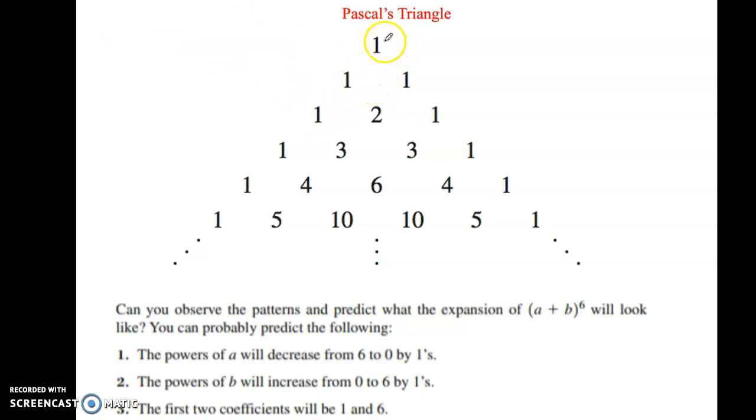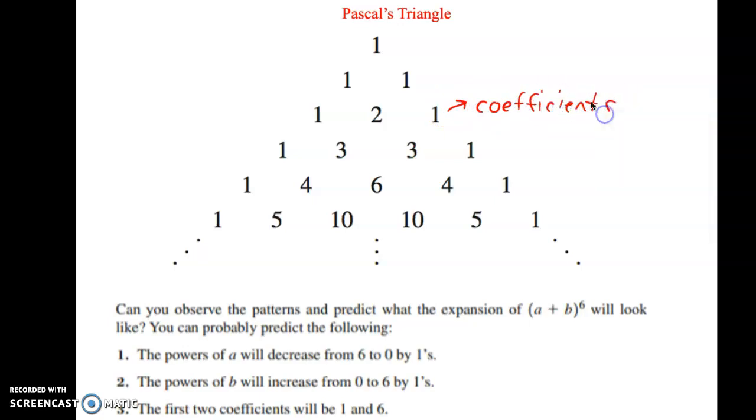So this was our to the 0 power, 1. This was the 1a plus 1b. This is the 1a squared plus 2ab plus 1b squared. These are all the coefficients here. And again, coefficients are the numbers in front of the variable.